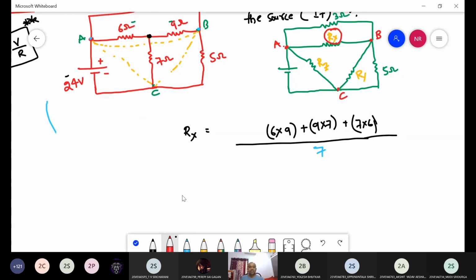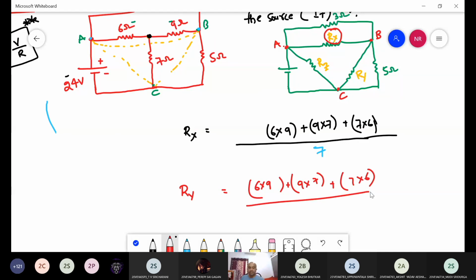Same as Ry. Ry is equal, numerator same, 6 into 9 plus 9 into 7 plus 7 into 6, divided by, see, here Ry is between B and C. Between B and C, which elements are there? 9 ohm and 7 ohm.